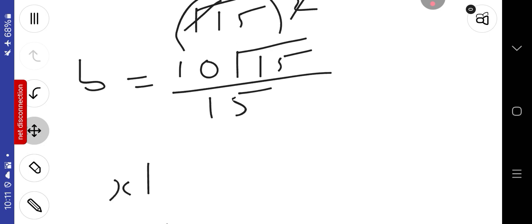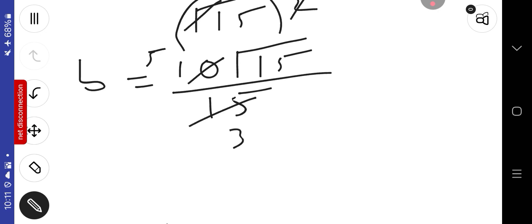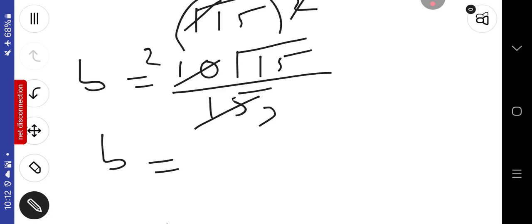So 5 cancels 10 two times and 15 three times. So you're going to have b is equal to 2 over 3 root 15.